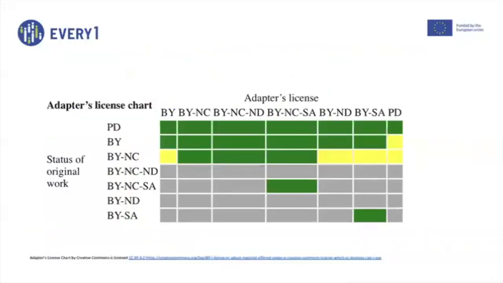And then finally, of course, we have our little adapters license chart here as well to take us through the status of original work, and then also think about the different licenses that we might be able to apply to our new creations. And as you can see here for the CC BY share alike license, the license that applies to Every1 resources, our adaptation would need to have the CC BY share alike license applied there.